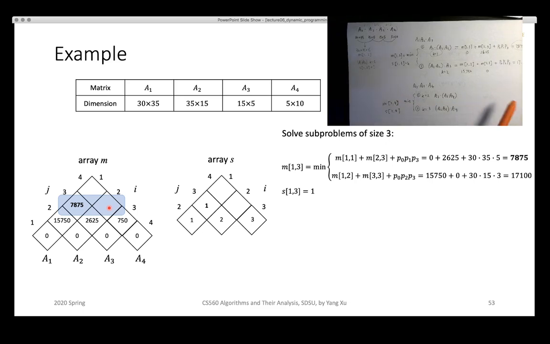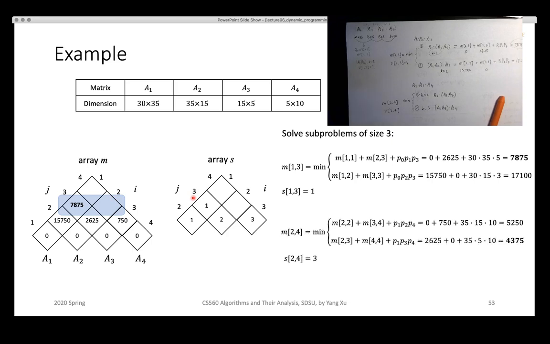Okay. So the results will be that in order to solve M24, we should let K be 3 because it has smaller costs. And we store this value into the M24 cell.